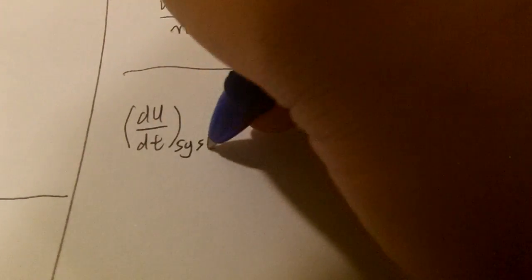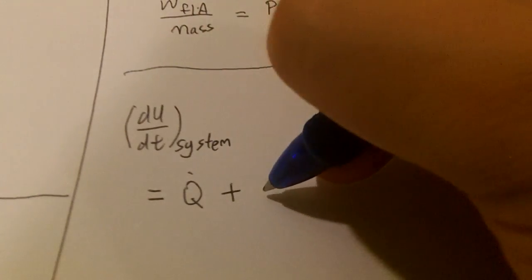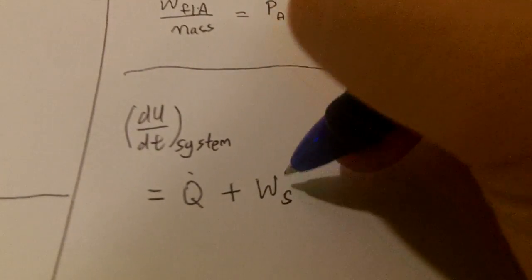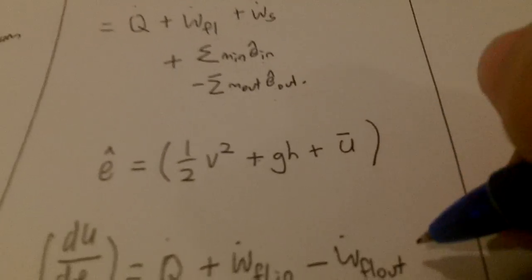So we have dU/dt of the system equals Q plus shaft work. Actually, I should have a shaft work in my earlier equation here.